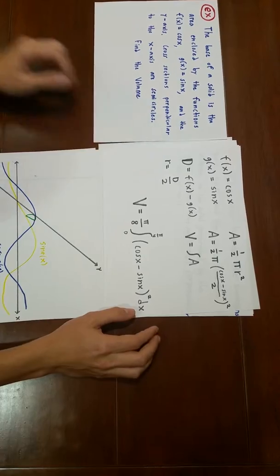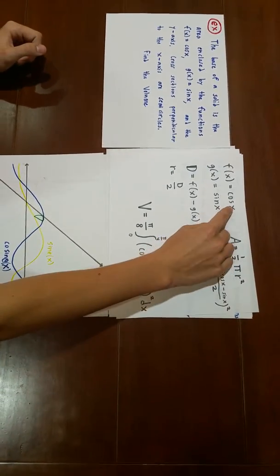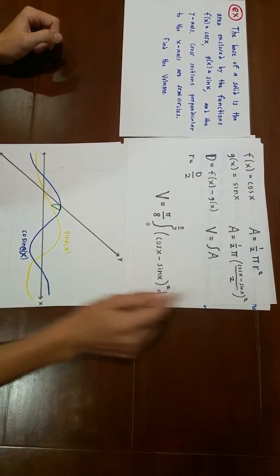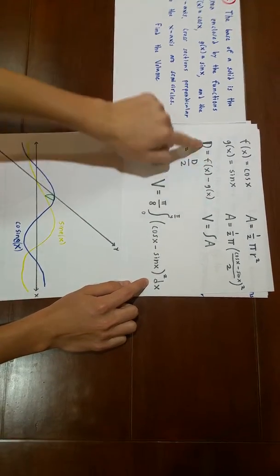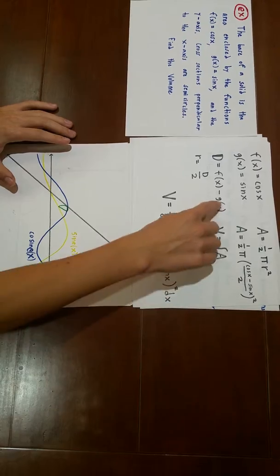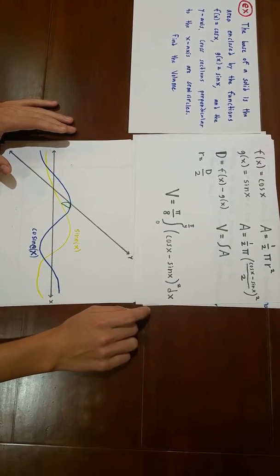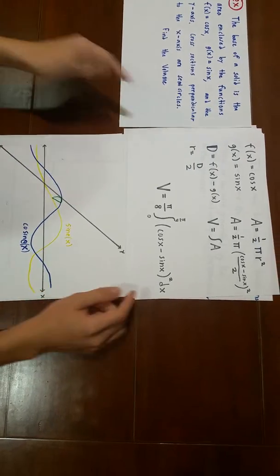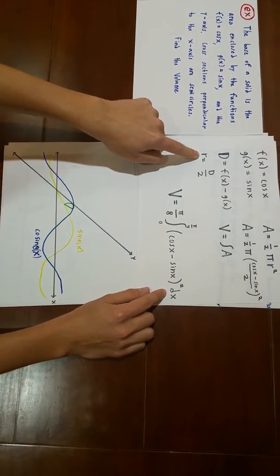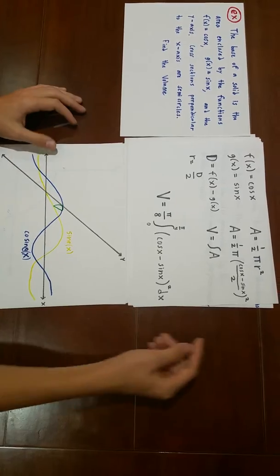As you can see, you have f of x equals cosine x and g of x equals sine x, and the diameter of the semicircle is f of x minus g of x. That's just finding the distance between them. And the radius is your diameter over 2, we know that.